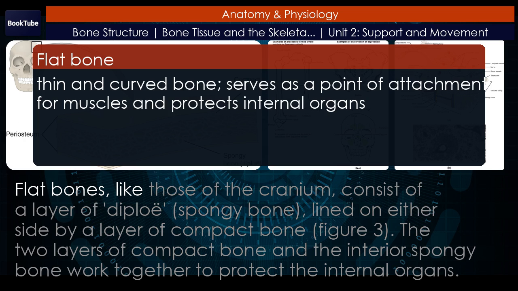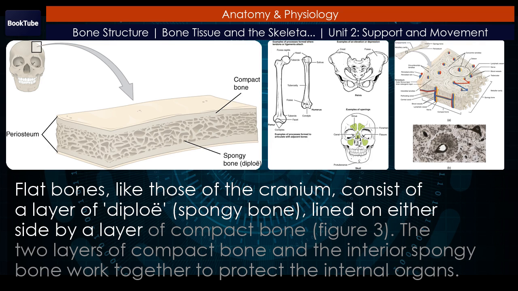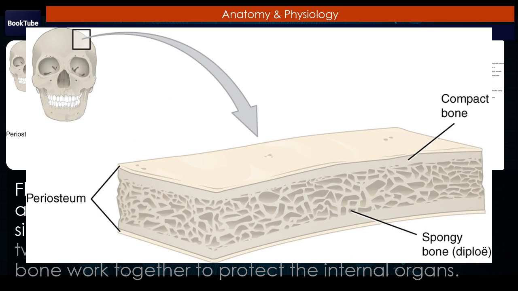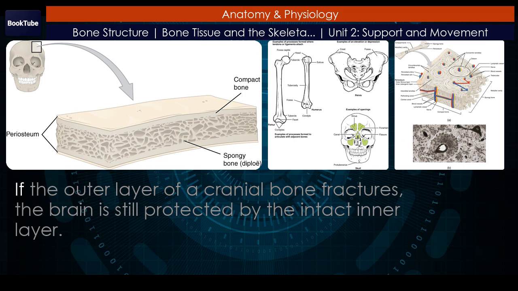Flat bones, like those of the cranium, consist of a layer of diploë, spongy bone, lined on either side by a layer of compact bone. Figure 3. The two layers of compact bone and the interior spongy bone work together to protect the internal organs. If the outer layer of a cranial bone fractures, the brain is still protected by the intact inner layer.